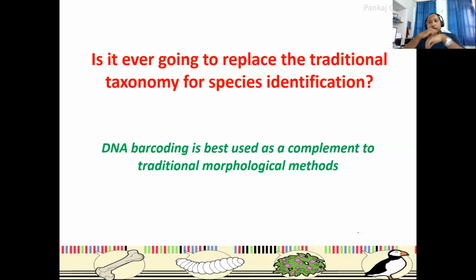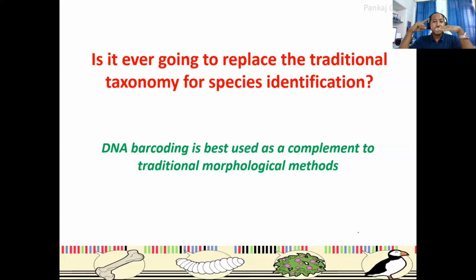So you could find only a particular leaf, and based on the morphology of the leaf, you could not identify the plant. But you can easily extract its DNA. You need only a small portion of the leaf, and you can extract DNA, and you can amplify the marker region using some set of known primers. Then you can go for sequencing. Then you can perform BLAST, you can perform phylogenetic analysis, and you will be able to identify the plant very easily.